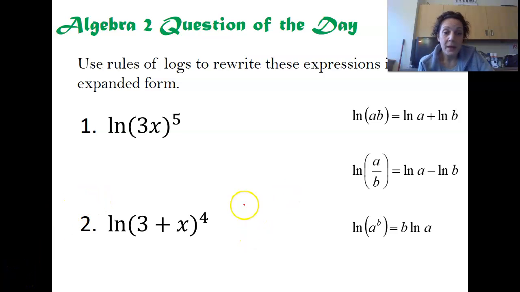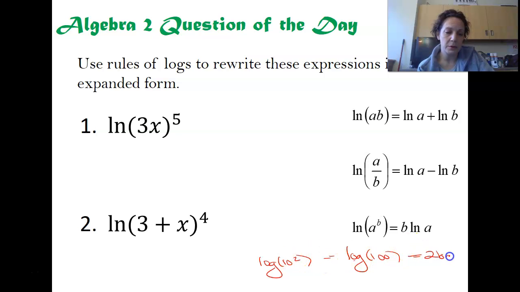For example, I'm going to do the log in base 10 because it's easier to talk about. If you have the log of 100, I could easily rewrite that as the log of 10 squared, because that's what 100 is. Then if you have a squared, you can bring the 2 down.